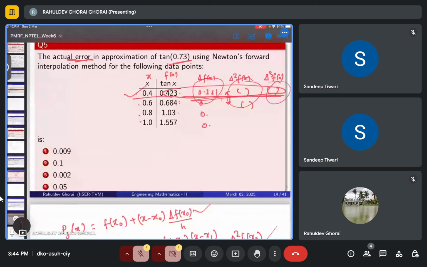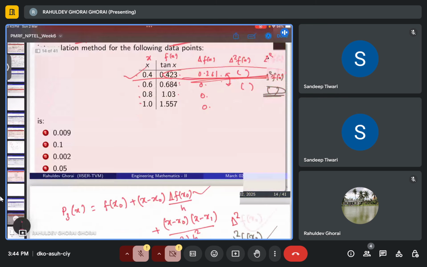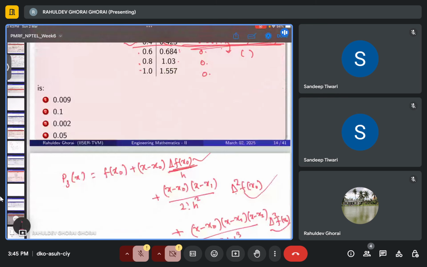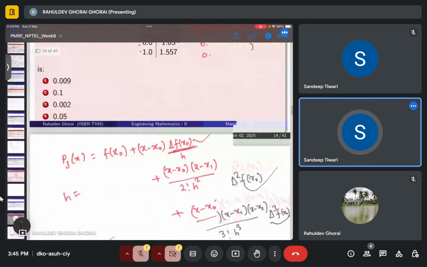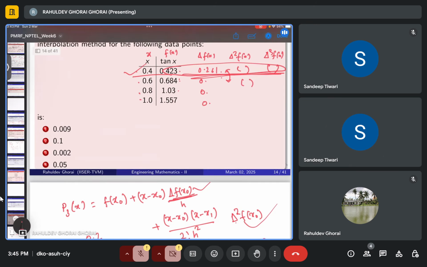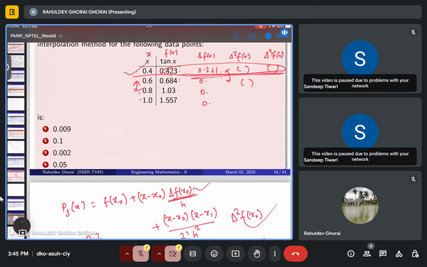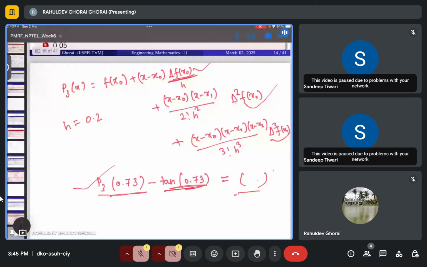Then we obtain del fx naught, this one and this one, and h we know. It is equally spaced, 0.2, because 0.6 minus 0.4 or 0.8 minus 0.6, the same gap, 0.2. So once you know everything, you know P3, and you just calculate the error.